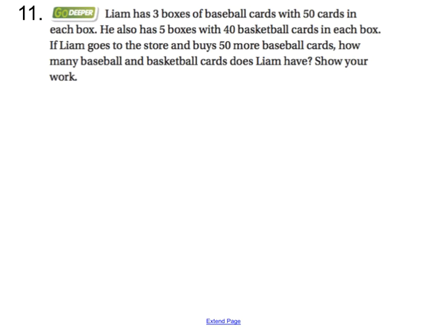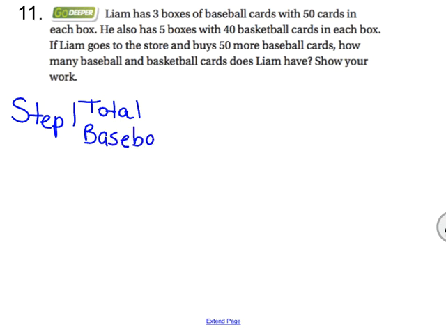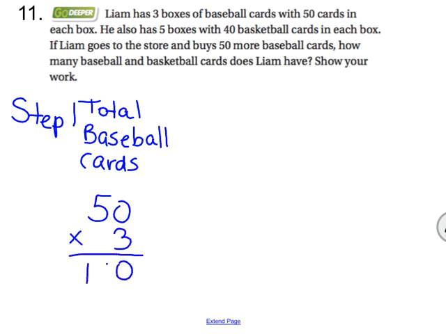So I will do, for step 1, 50 times 3, okay? 150.